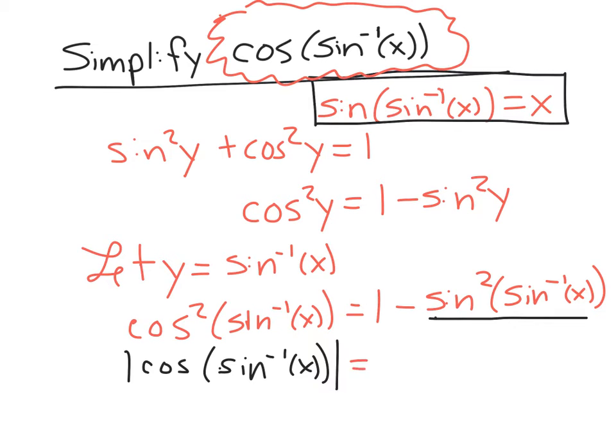And on the right side, we'll have the square root of 1 minus. Now, what's going to happen here if we have sine squared of inverse sine of x, and we know that sine of sine inverse of x is equal to x, then really all we have right here is x squared.